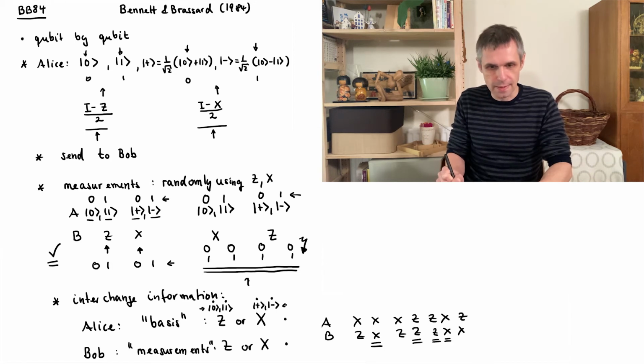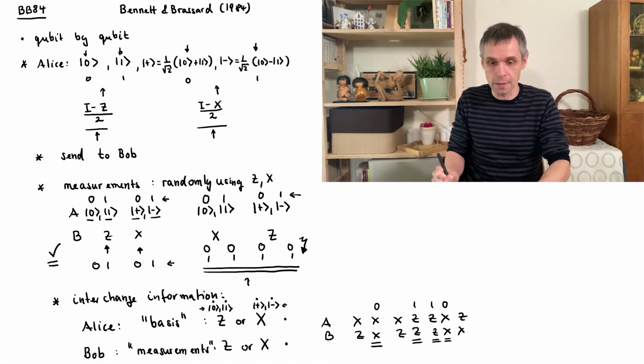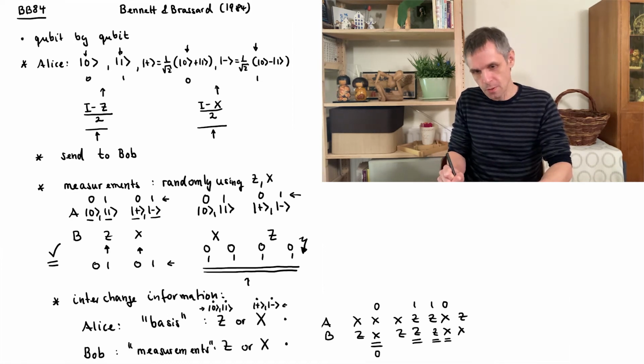such as in these cases here, then the classical bits which Alice has assigned to her quantum states, perhaps these ones here, simply coincide with Bob's measurement outcomes. And in all the other cases, these bits of Alice's are not related to the bits of Bob, so they might sometimes agree, but they might just as well not agree.